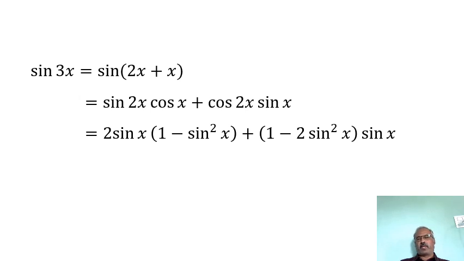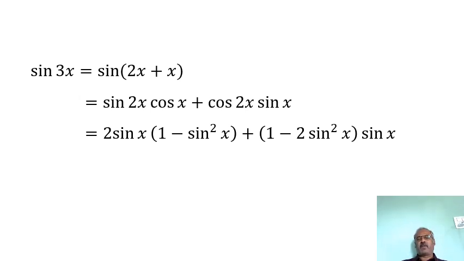So the second term cos 2x sin x becomes (1 minus 2 sine square x) times sin x. And for the first term sin 2x, we can use the expression 2 sin x cos x. So the first term becomes 2 times sin x cos square x. The cos square x has an equivalent expression 1 minus sine square x.